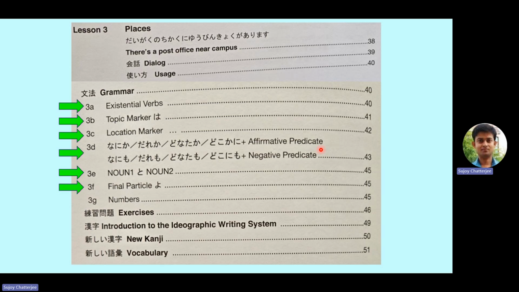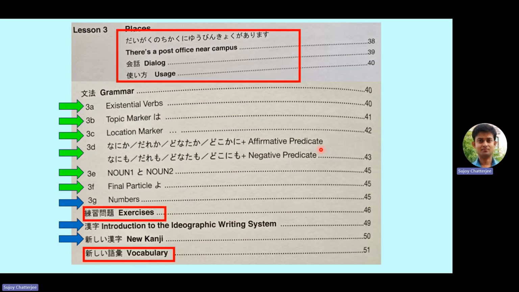In today's lecture, we shall cover these three, that is numbers, introduction to ideographic writing system, and new kanji. And after that, the ones that will be left out are these ones, which we shall cover in subsequent lectures. So let's begin with numbers.